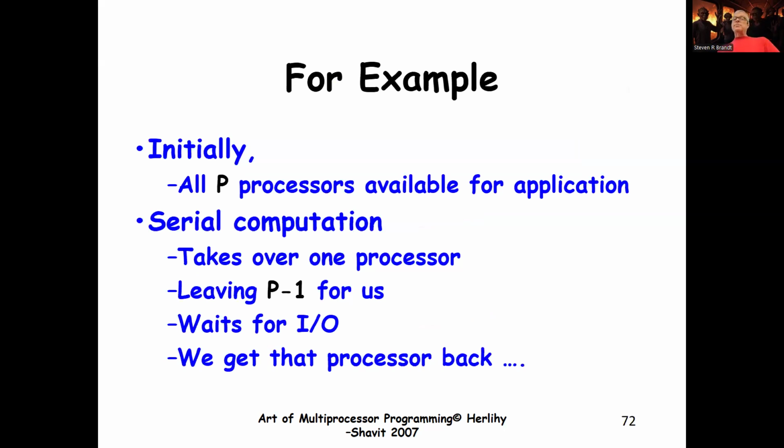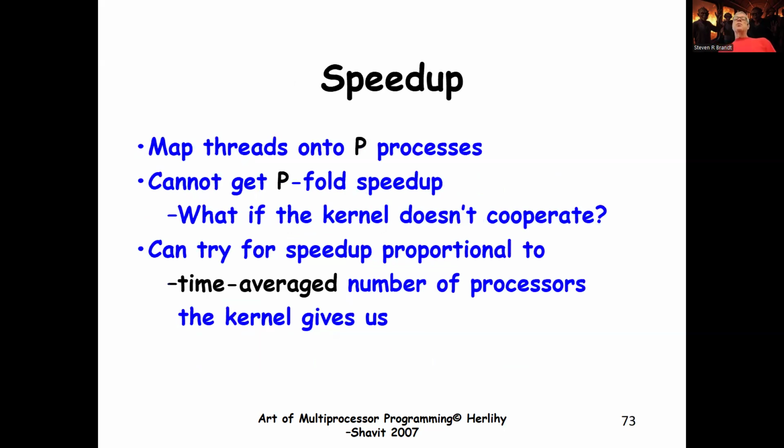Some serial computation can take over one processor, leaving P-1 for other work, like waiting for I/O or whatever. So what we want to do is map our work onto P processors so that we can get a P-fold speedup if possible, if the kernel lets us.